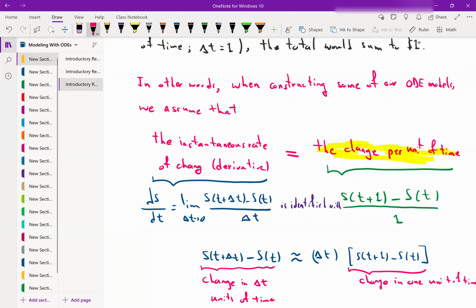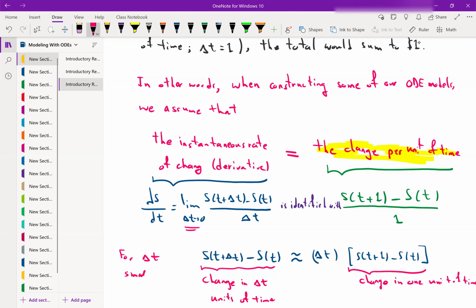I'm making the assumption that at least for delta t very small, this is true. That is because ultimately I will take the limit as delta t goes to 0. For small values of delta t, this approximation is a good approximation. This will happen in many of our ODE models.